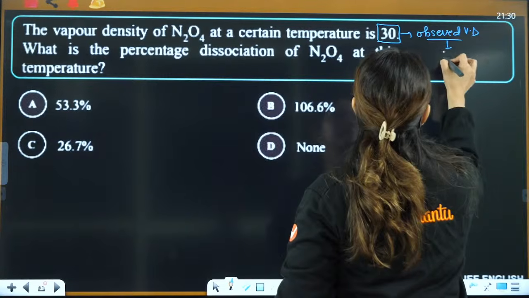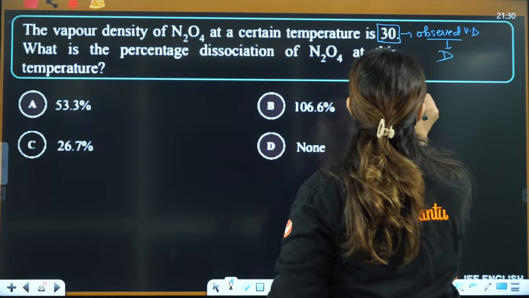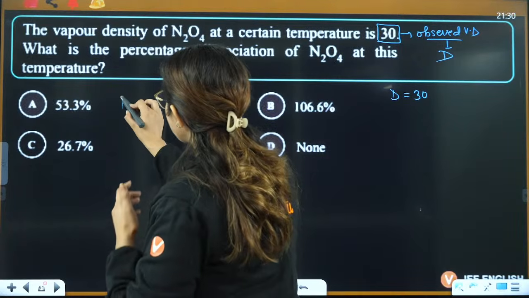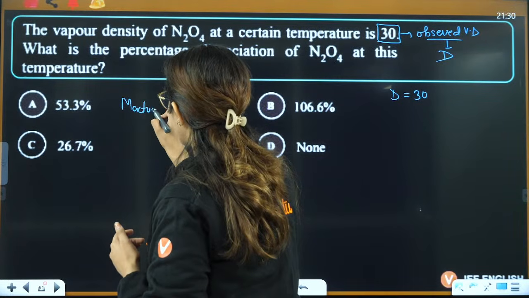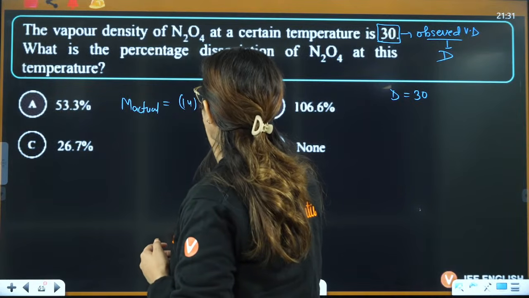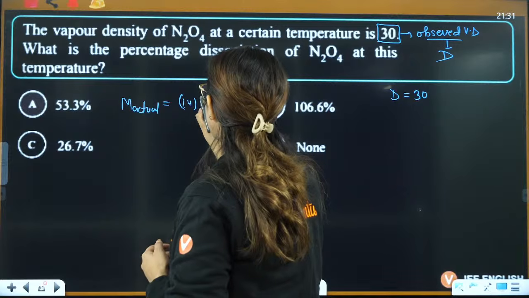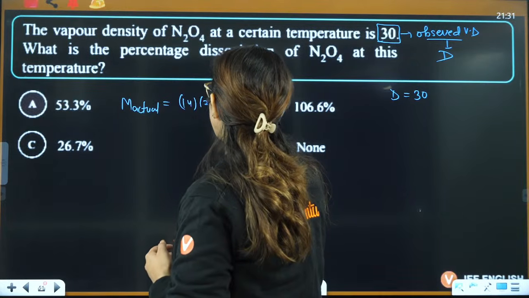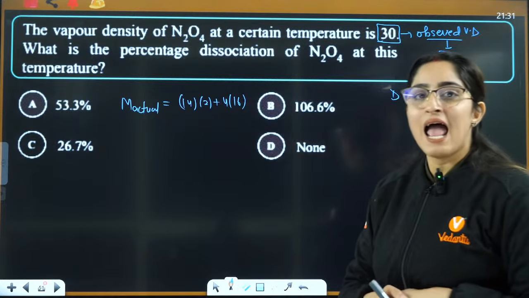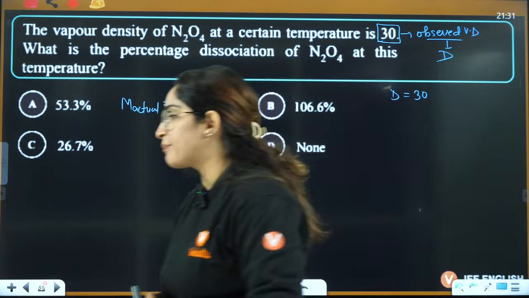That means capital D is given to be 30. What is the actual molar mass? The actual molar mass will be 14 into 2 plus 16 into 4. That is the actual molar mass. And how do you calculate vapor density?